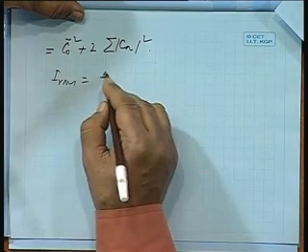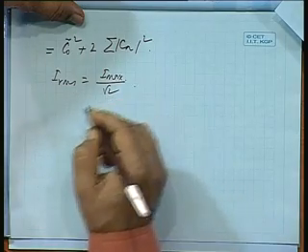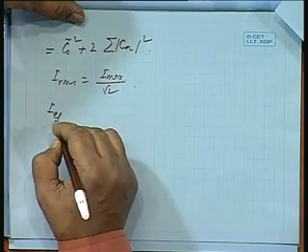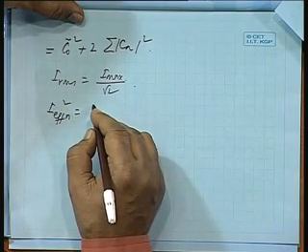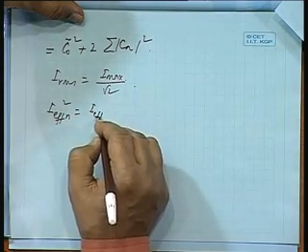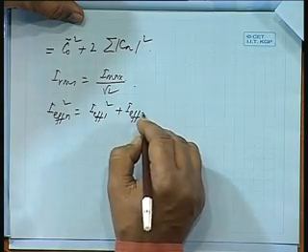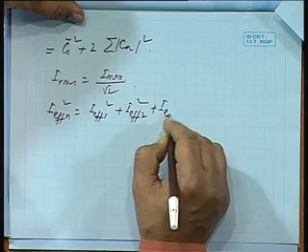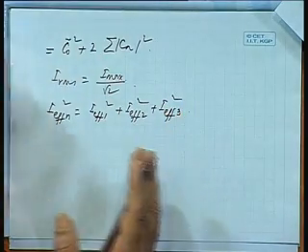This is the maximum value of the cosine function C n. You can also express in terms of RMS value. I RMS is equal to I max by root 2. So I effective squared will be I effective 1 squared plus I effective 2 squared plus I effective 3 squared and so on.